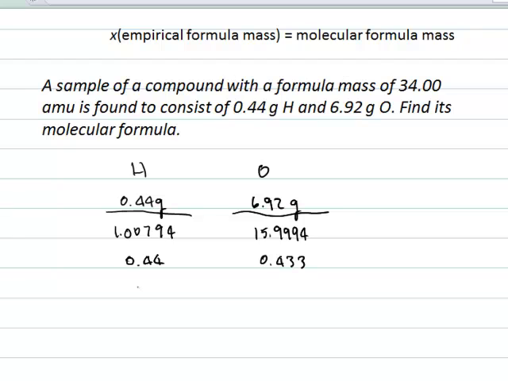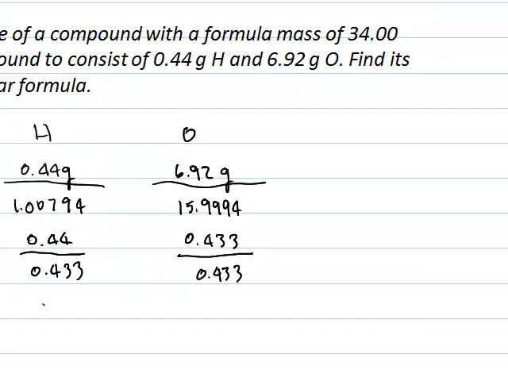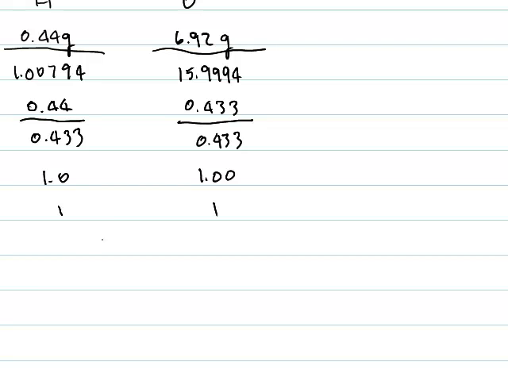And you can probably see already what's going to happen here. We're going to divide both of these by 0.433, because that is the smaller of these two numbers, although not by much. And to 2 significant figures, this comes out as 1.0, and of course this comes out as 1.00, so we have 1 and 1 for our small whole numbers.